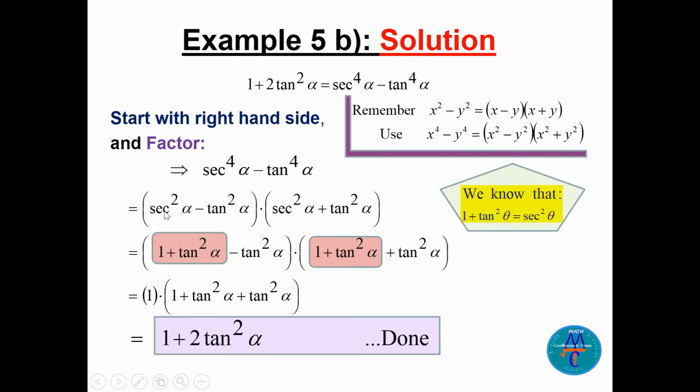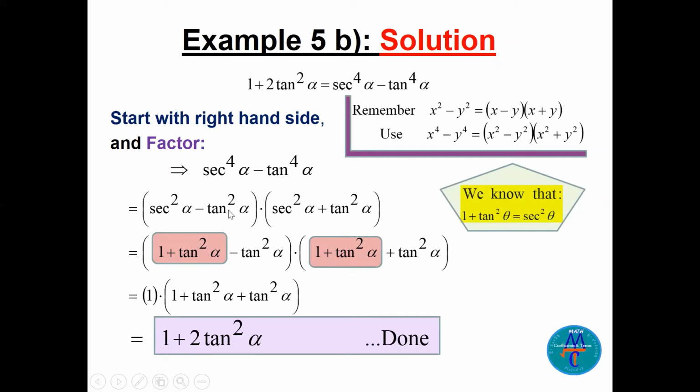Now I have only secants and tans, so I can use this formula, 1 plus tan squared of theta is equal to secant squared. So every secant here, I will change it to tan. Why do I do that? Because on the other side, on the left side, I can see that I need the answer only in tans. So secant squared will be 1 plus tan squared, and also here secant squared will be 1 plus tan squared.